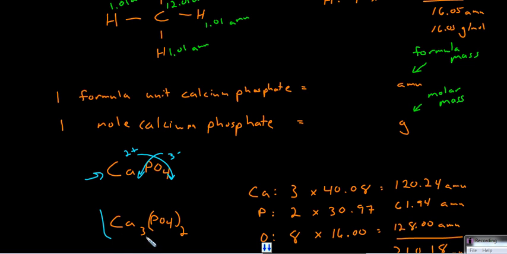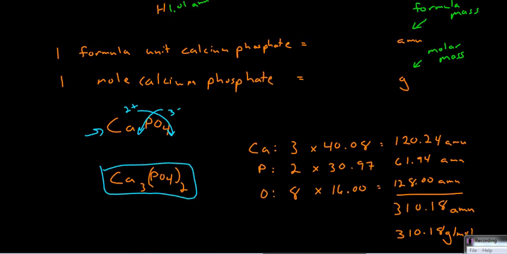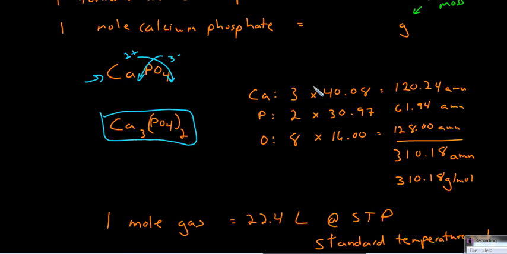This is calcium phosphate. Please be careful when you're writing the molar masses of ionic compounds. Be aware of charges. And so the molar mass of calcium phosphate: multiply the number of atoms of each element by the atomic mass of each element, and you should find that the molar mass of calcium phosphate is 310.18 grams per mole.